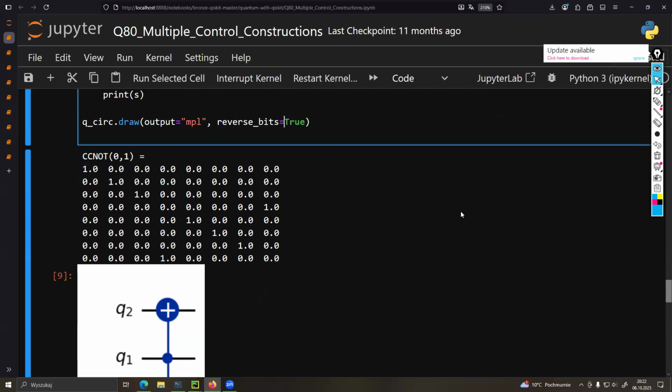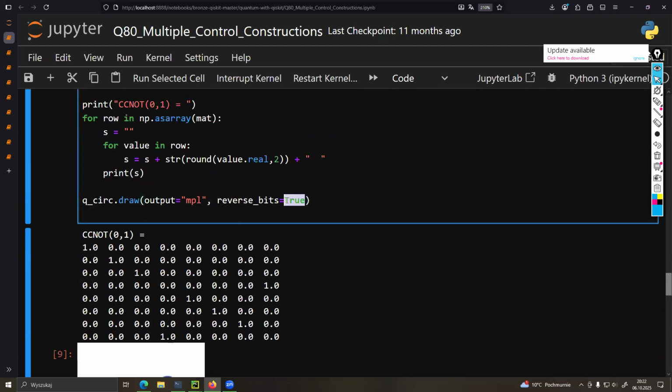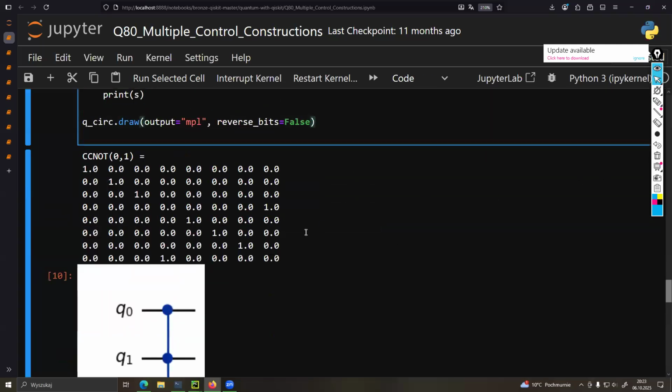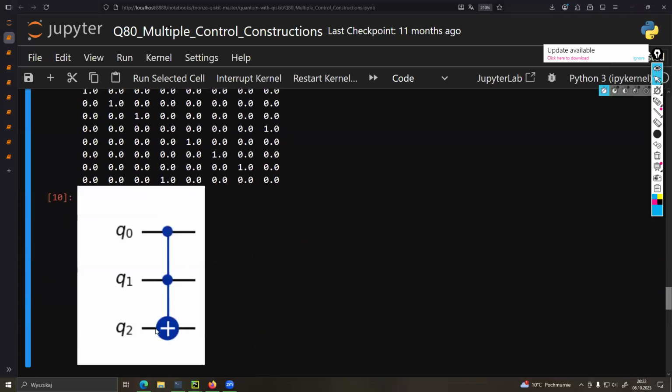So here we have slightly different situation because false. Let's do it false. So what do we have here? We have made a single gate, and this gate is a control X with the controls on Q0 and Q1.